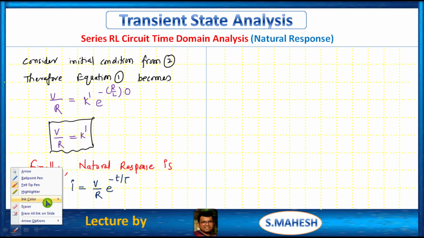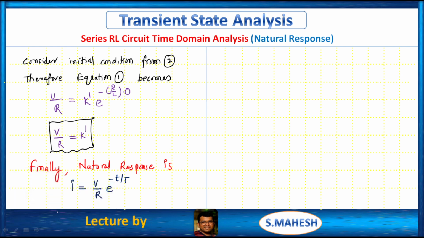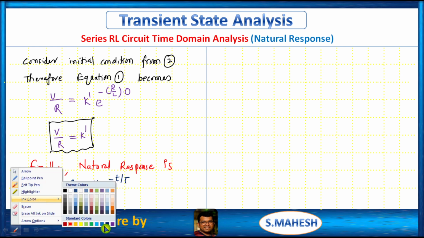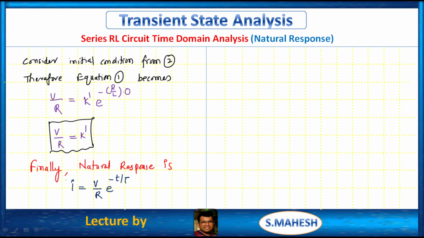The tau is nothing but the time constant, L by R. So this is the natural response of the circuit when the circuit is de-energized, that is, there is no supply voltage.